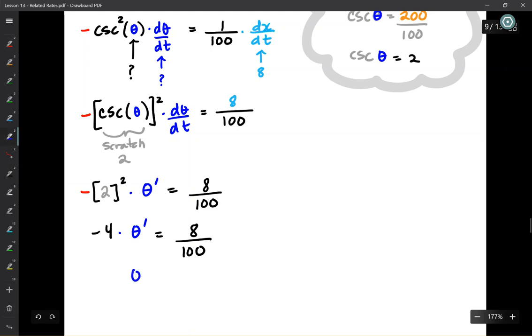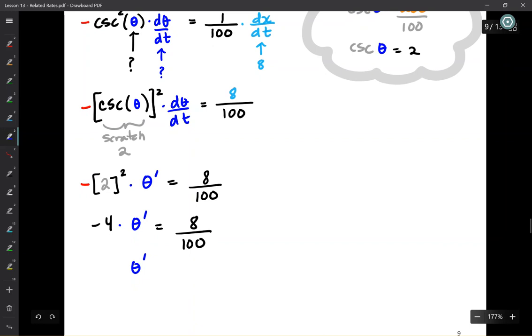The thing that I'm looking for, the rate at which the angle theta changes with respect to time, is 8 divided by 100 times minus a fourth.